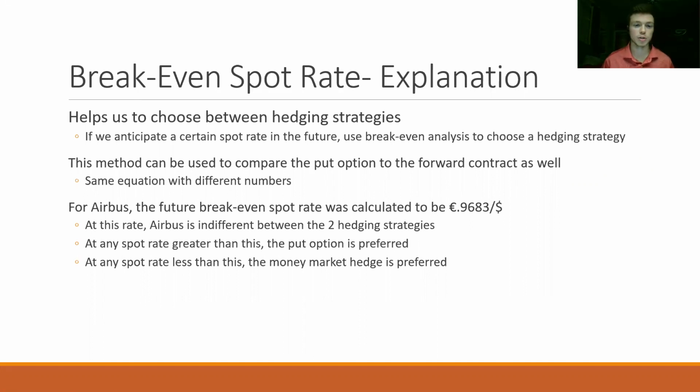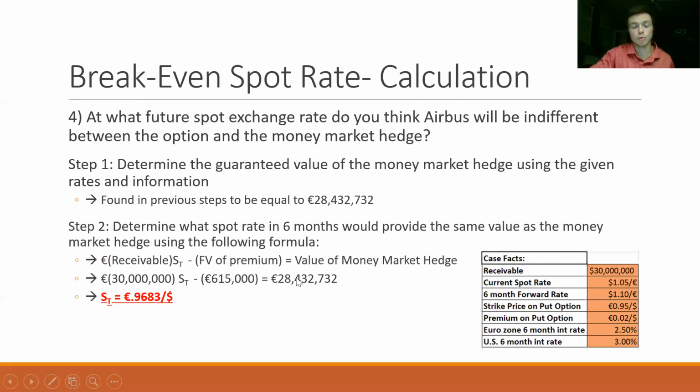So if we anticipate a certain spot rate in the future, we'll use the break-even analysis to choose a hedging strategy, whether it's a forward contract or money market or a put option. It can also be used to compare the put option to the forward contract as well, which I just mentioned. So same equation, you're just using different numbers since the forward contract is going to give you a different value. So for example, the right side of this equation would just be different.